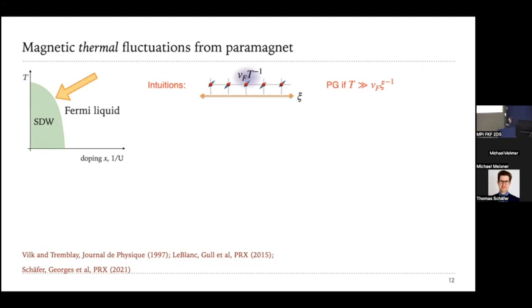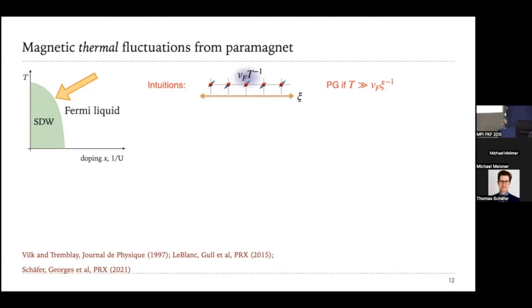And if this de Broglie wavelength is much smaller than the spin correlation length, it effectively sees the system as in a long-range ordered state. As a result, we should expect to see the pseudogap as in the SDW ordered state.